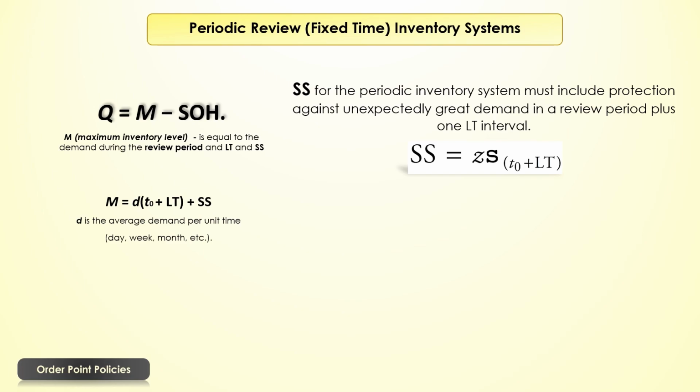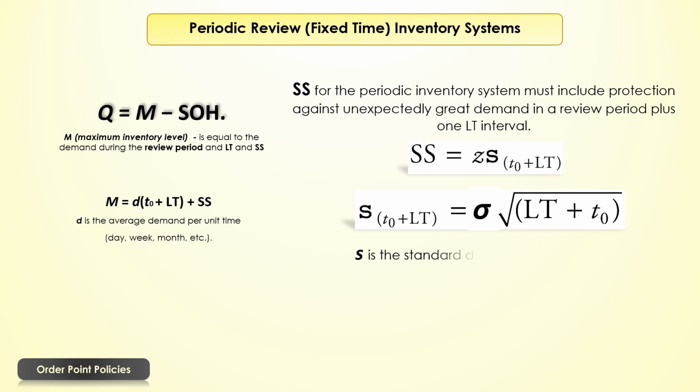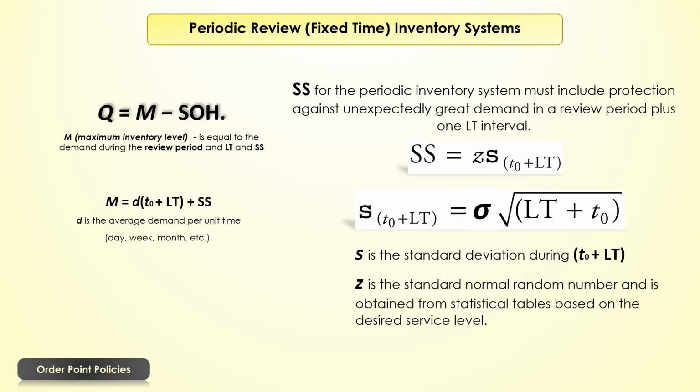So S, or the standard deviation during review period plus lead time, is given by sigma times the square root of LT plus TO, or the optimal review interval. And Z is the standard normal random number and is obtained from a statistical table based on the desired service level.